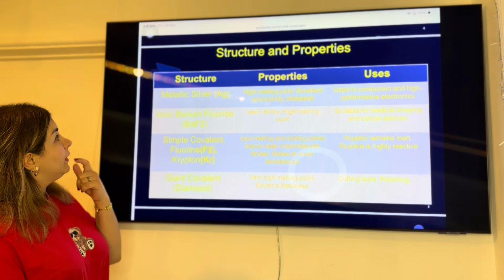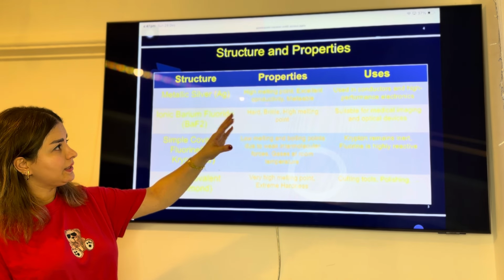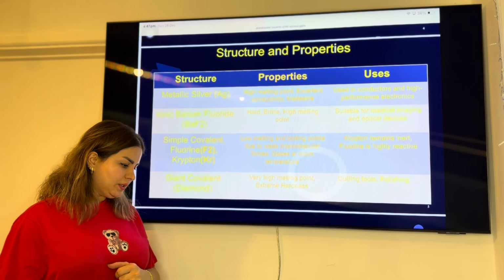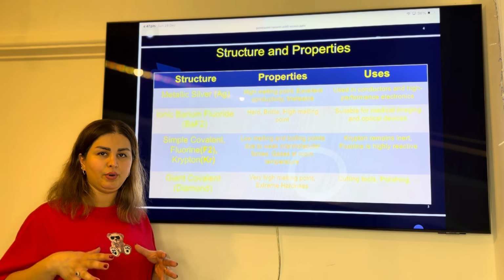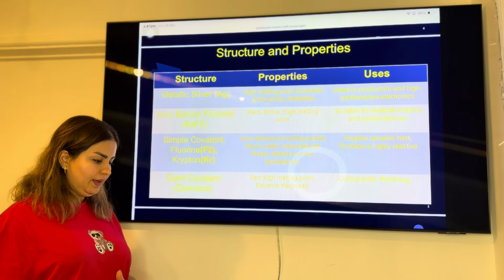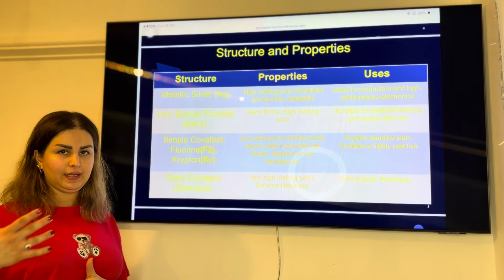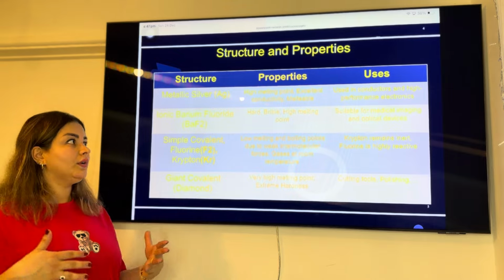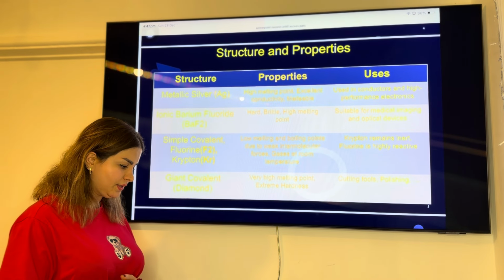Here we can talk about their structure and properties and how we can use them. The physical properties of substances depend strongly on their bonding and structure. Metallic silver has a high melting point and conducts electricity very well, which makes it useful for electronic products.